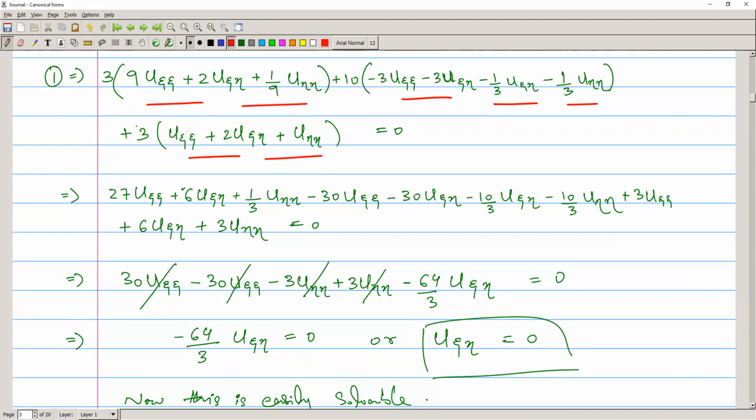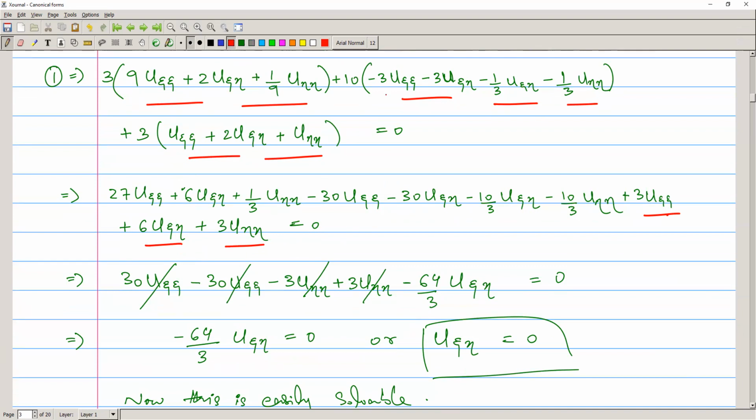It will be 3 times 9 will be 27 u psi plus 6. 3 times 2 is 6. So 6 u psi eta plus 1 over 3 u eta eta minus 30 times u psi plus 30 times u psi eta minus 10 over 3 u psi eta minus 10 over 3 u eta eta plus 3 u psi plus 6 u psi eta plus 3 u eta eta.